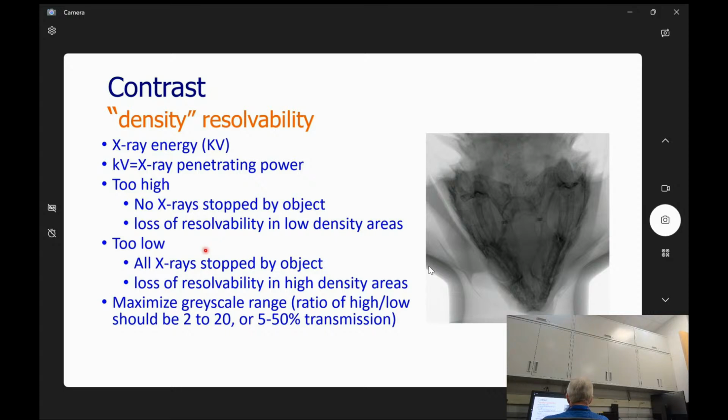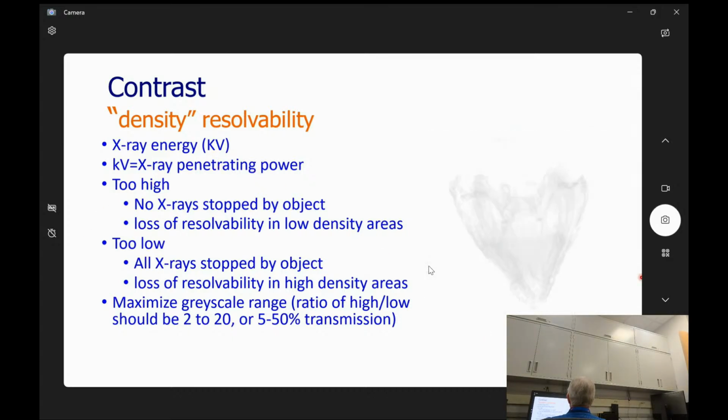All right, we've talked about grayscale, origins of grayscales. Now let's talk about what we can do to have different grayscale graduations associated with different materials. If I've got too much penetrating power in the system, in effect, everything washes out.